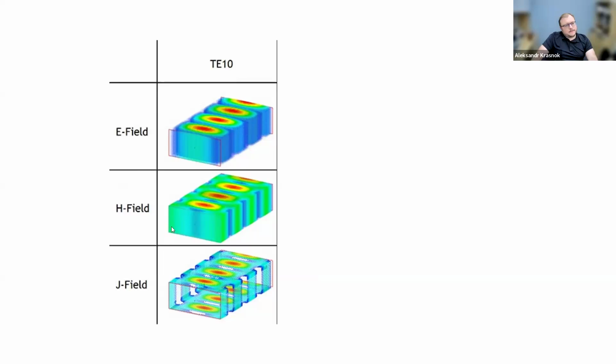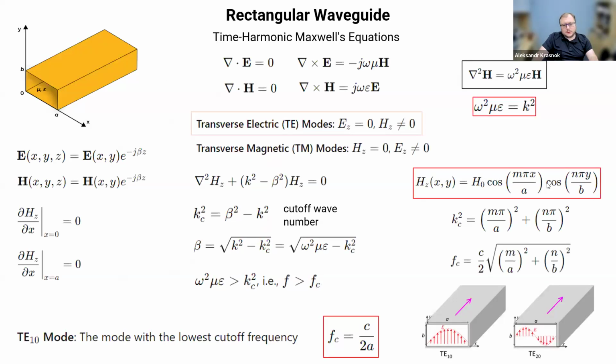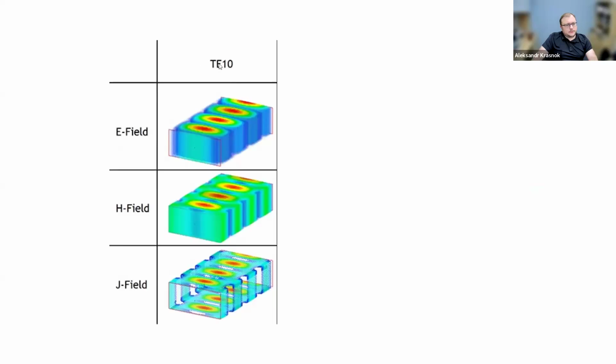According to our result, according to this formula, the TE10 mode doesn't change along the y direction. So the field is constant along y, and has exactly one change in the x direction, in the width. Similarly for the electric field, constant along y and one change along x.